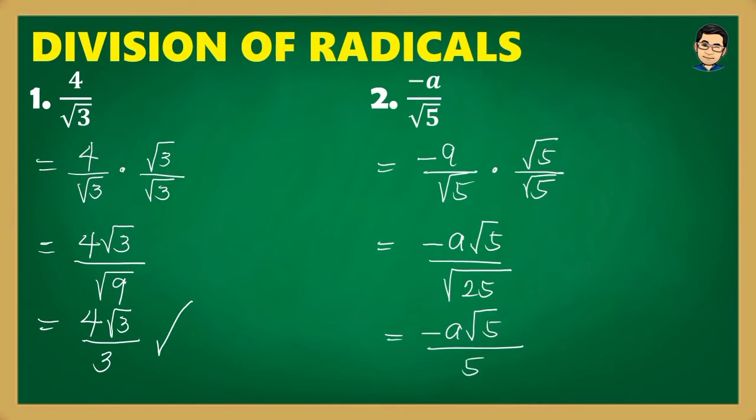So our answer will be negative a square root of 5 all over 5, or pwede nating isulat yung negative symbol katapat ng fraction bar. So this will be our final answer.